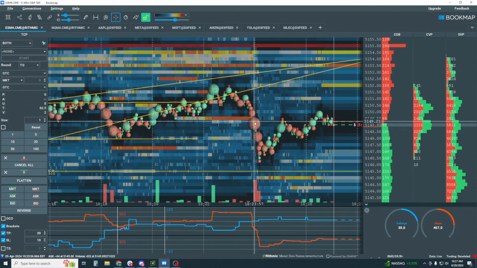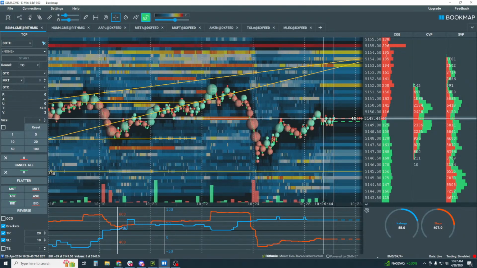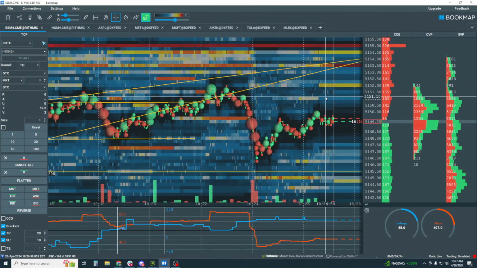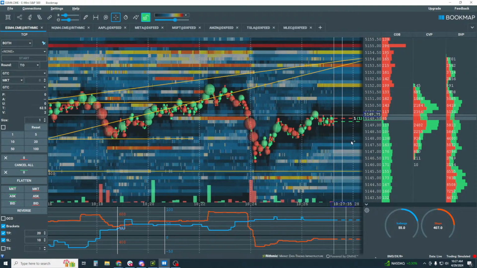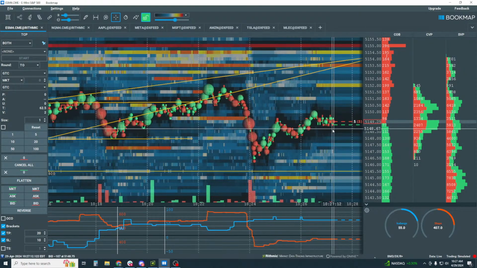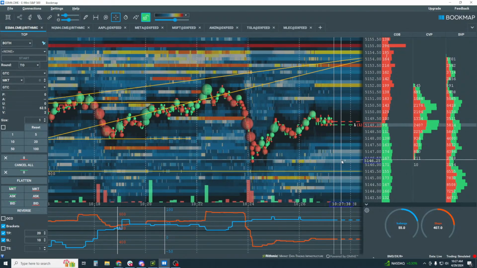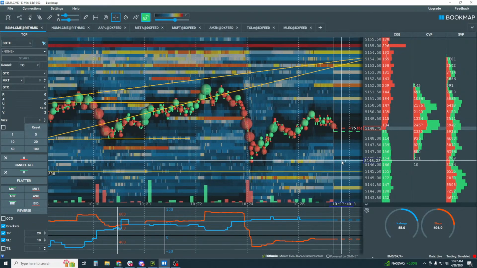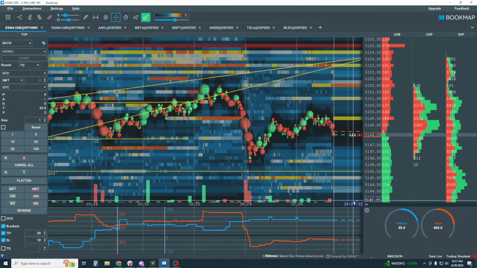Because we want to see if we're going to get new buyers back up in these areas. If we do, the likelihood is to come back up into this 51.5. If we see new sellers come in, then the likelihood is we're going to trade back down into this level here. Okay, now we're finding some new sellers in here.